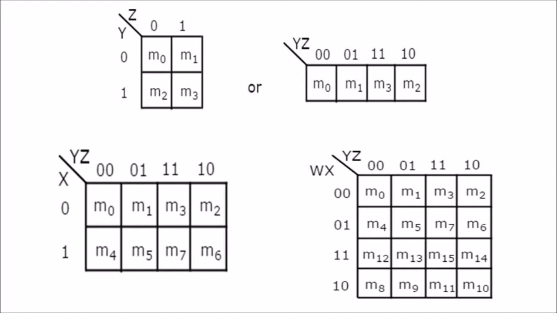It is a graphical method which consists of 2 raised to n cells for n variables, and the adjacent cells differ only in a single bit position. So as we said, it is a simplified way of solving Boolean functions without using Boolean postulates or Boolean theorems.